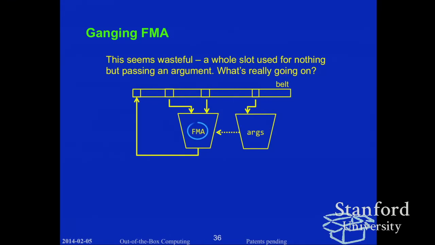It'd be nice if you could do something else besides having the FMA there. So what's really going on? Well, internally to the FMA functional unit, there's a multiplier, and the 2 inputs get multiplied. Then the args value comes in, and the result of the multiply and the value coming from the args gets passed to an adder, which is also in that same functional unit, like so.